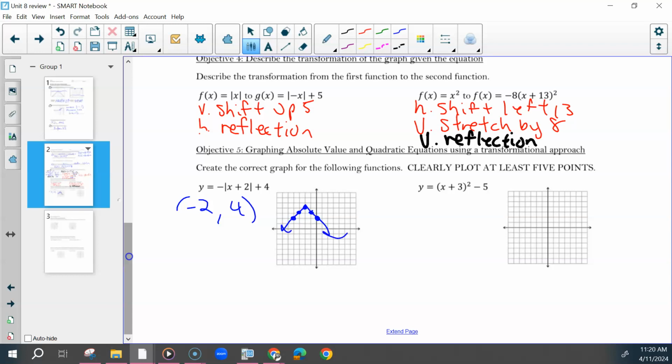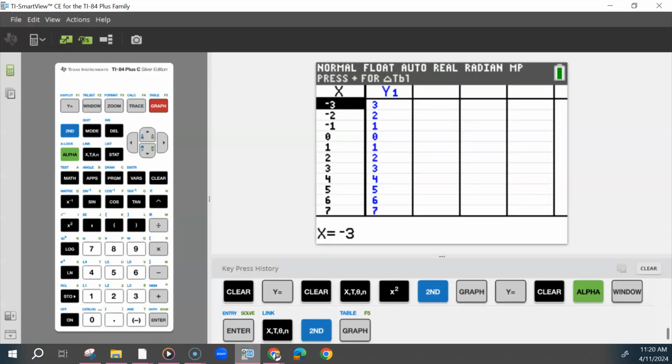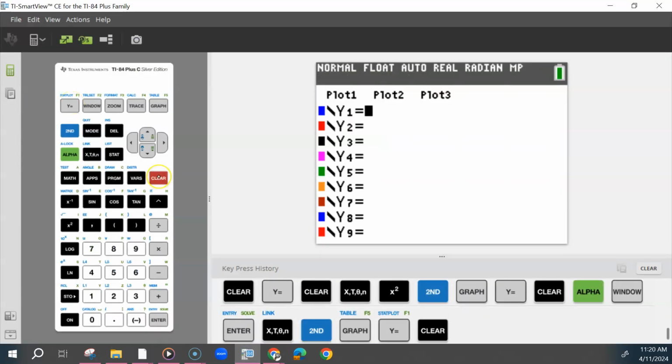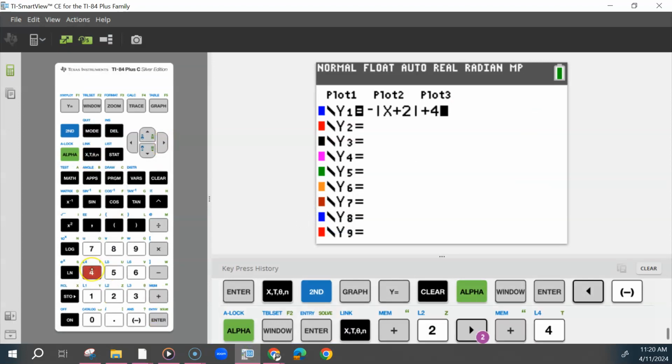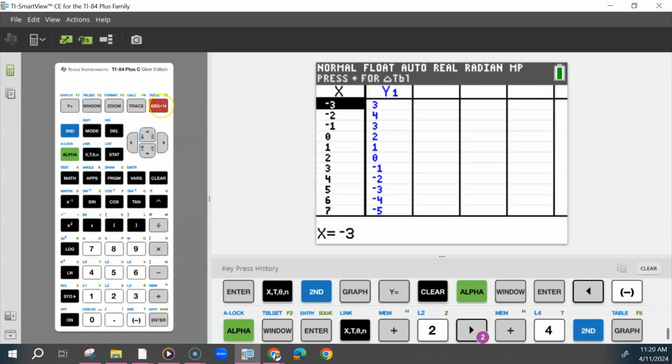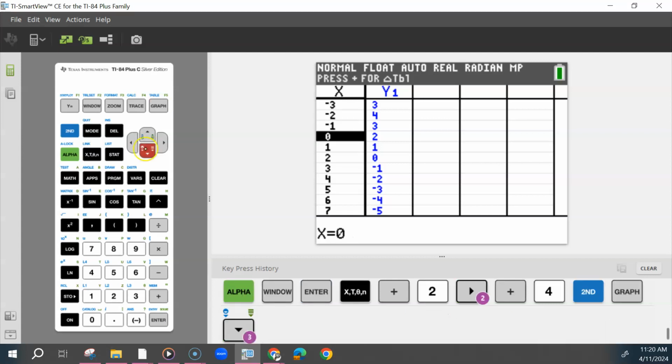Or you could put that in your calculator. I'm going to put that in. Go to the table, find where your y values repeat, find the middle.